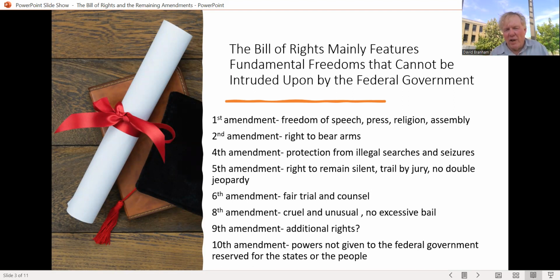For instance, the freedom of speech. A lot of people think, well, I can say whatever I want and be fine. Well, in most cases, you can say what you want and be fine from government intervention. A lot of people think they can say whatever they want on their job and not get fired. That's not the case. The First Amendment does not protect you from getting fired on your job for what you say. If you call your boss an idiot, he or she can fire you. So don't do that.